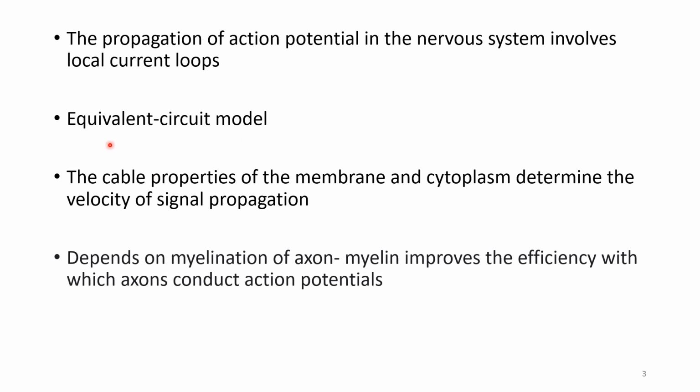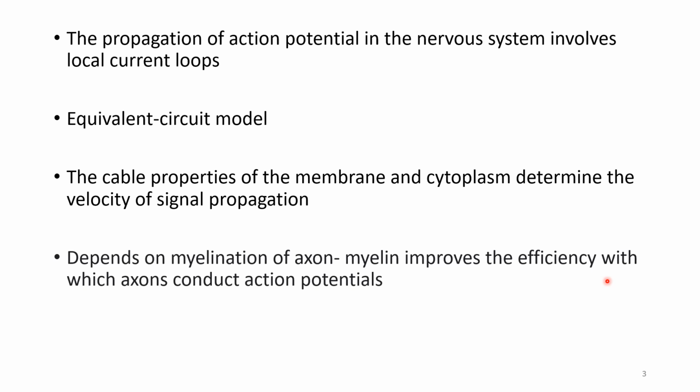The second one is the equivalent circuit model, and the conductivity also depends upon the cable properties of the membrane and properties of the cytoplasm. They will determine the velocity of signal propagation, and the velocity also depends upon the myelination of the axon.